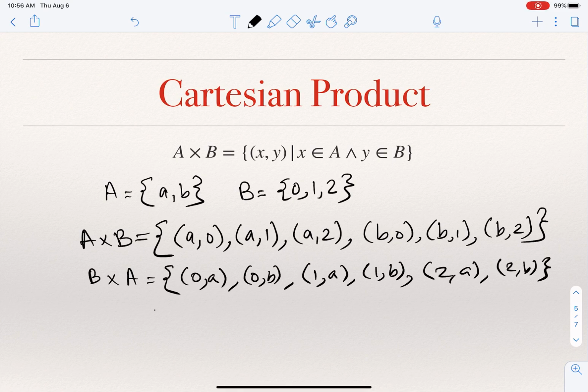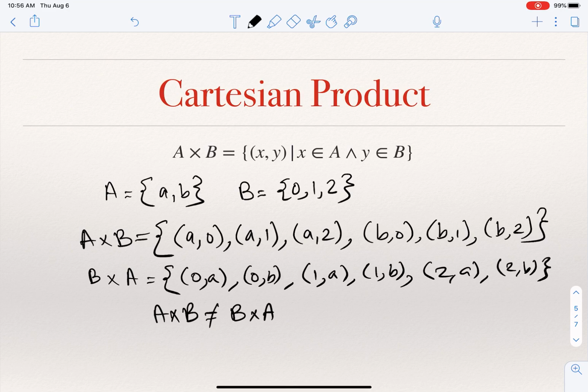And notice in this case, A times B is not the same as B times A. They don't contain the same elements. Okay? So A times B is the set of all pairs that you can form by taking one element from A and one element from B in that order.